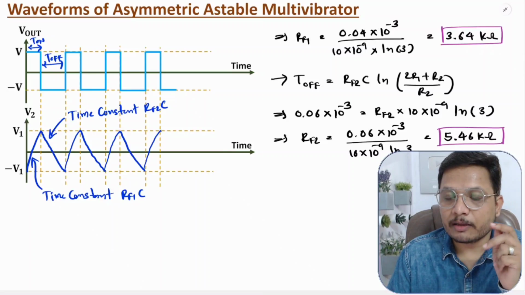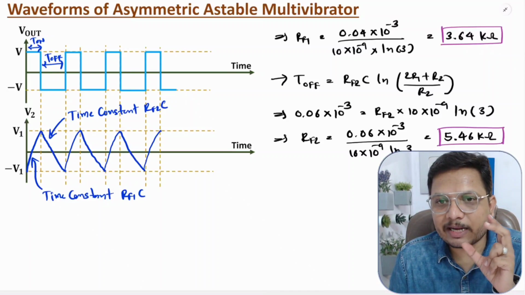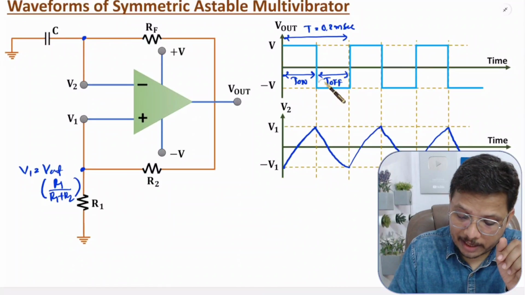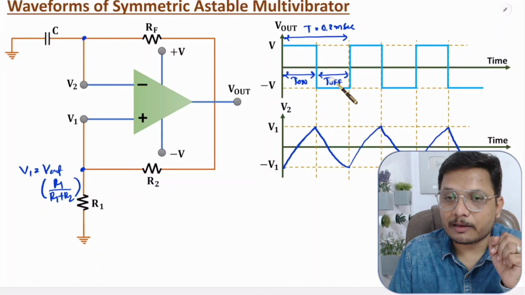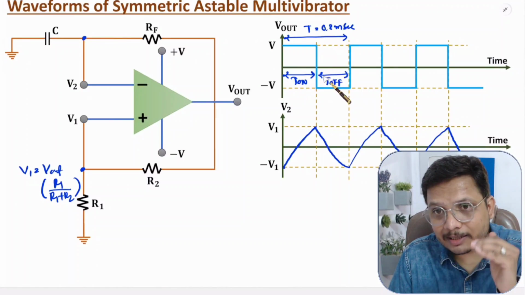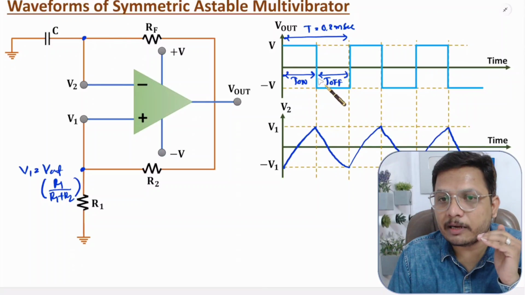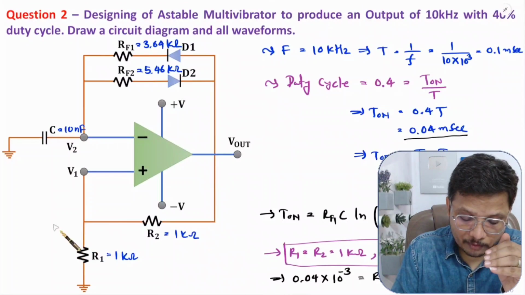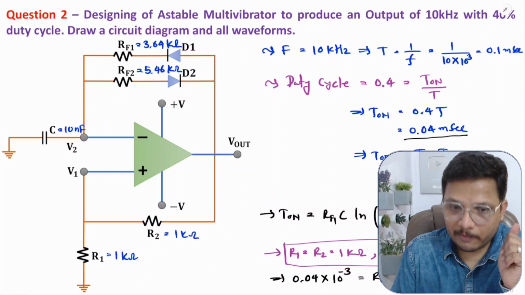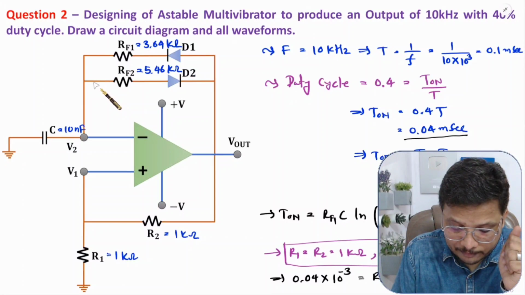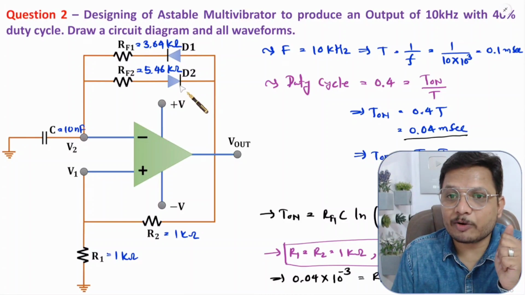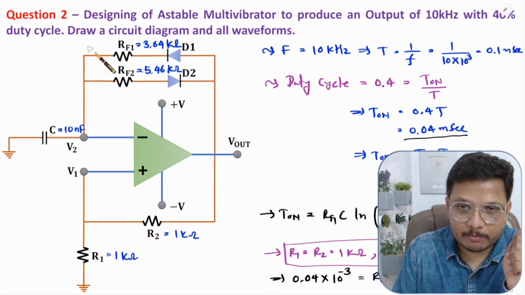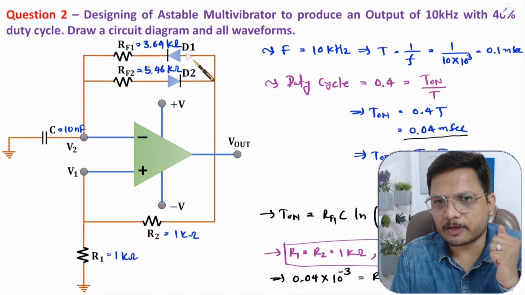If you have a symmetrical astable multivibrator, in that case T on and T off both are equal, right? But if you have other than 0.5 duty cycle, then you will have to design an astable multivibrator for the asymmetrical case, where Rf1 and Rf2 along with diodes you will have to connect. Here with the symmetrical case, instead of this circuit combination, you will have to use the Rf resistance only.